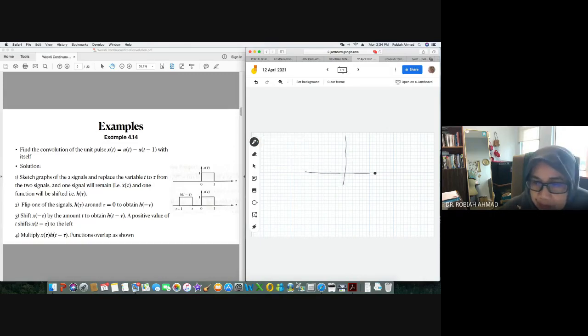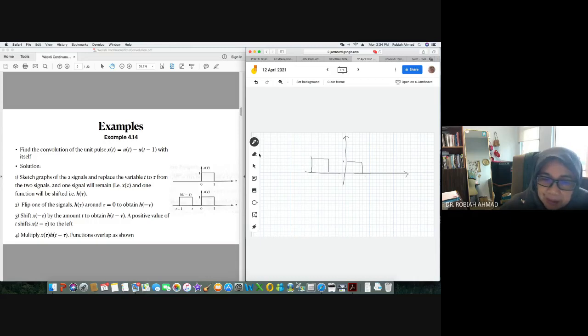So one we have x(t), and then another one we have h(t), besar dia sama supaya you all tak confused.